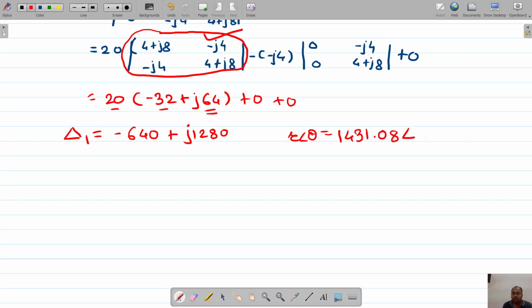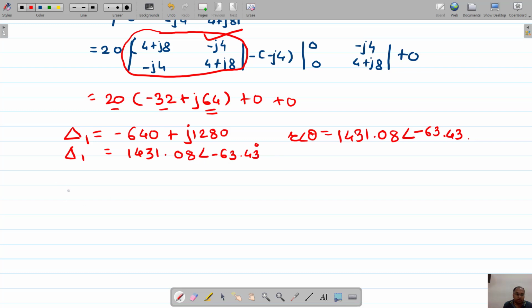It is giving minus 63.43. So this is the value of angle theta. We have converted this delta 1 in terms of r and theta as 1431.08, angle minus 63.43 degrees.